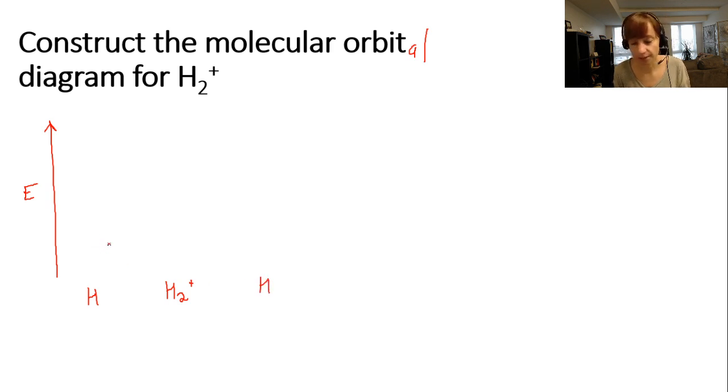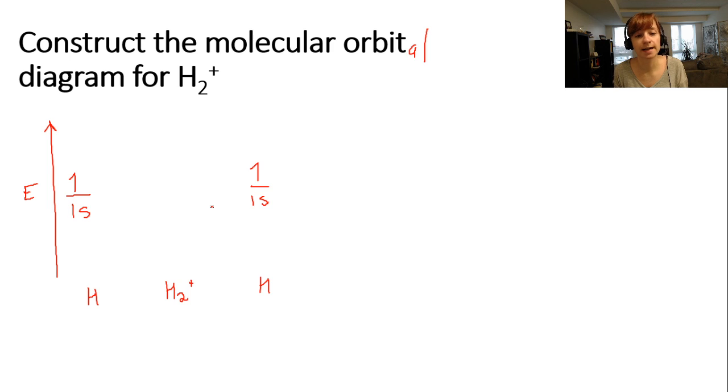Hydrogen only has one electron in a 1s orbital, so you've got one electron, one arrow. If it had 2 electrons, the arrow would be pointing in the opposite direction. They can't point in the same direction. Same for the other hydrogen atom. So these are the atomic orbitals for hydrogen.